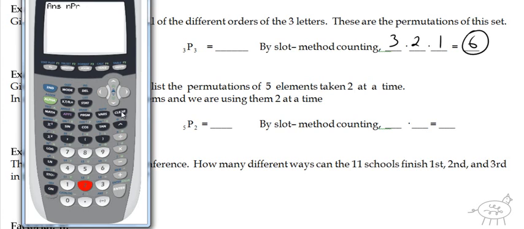First we need to type in 3P3, so it's 3, math, nPr which is 2, and then 3. This says I have 3 letters in a pool and I'm using all 3, and that should give you 6. Sweet.